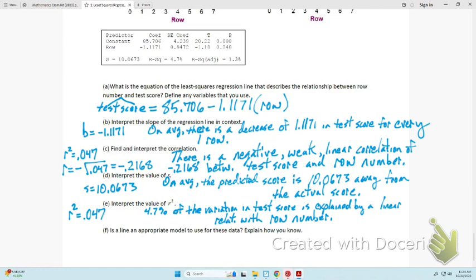Is a linear model appropriate? And if you look at this residual plot, yes. The residual plot does not have a pattern.